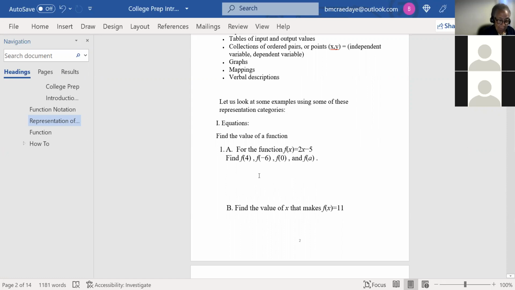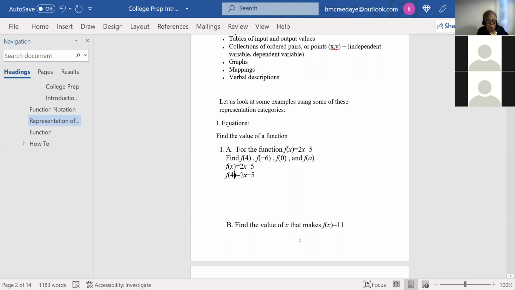And I want you to find f of 4, when x is 4. So when we say f of 4, that means where we have an x, we want to put a 4. Okay, so put the 4 where the x is, tell me what the answer is. Chastity, what's the answer?